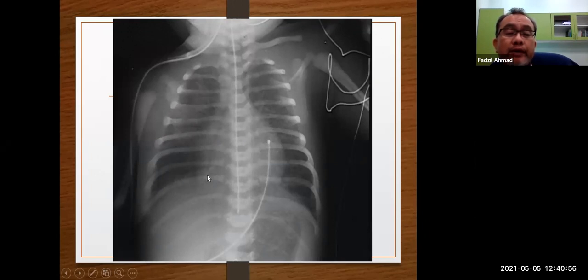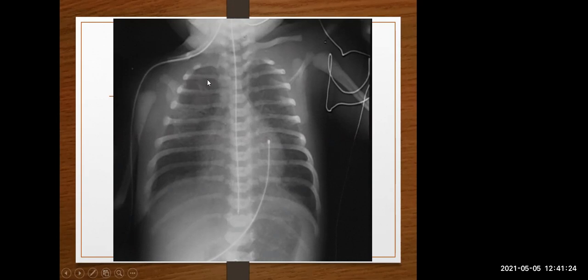You have to calculate the bone, the sternal bone. First you see the X-ray, how dark it is, and then you calculate, usually the posterior. What is bone? This is the rib.